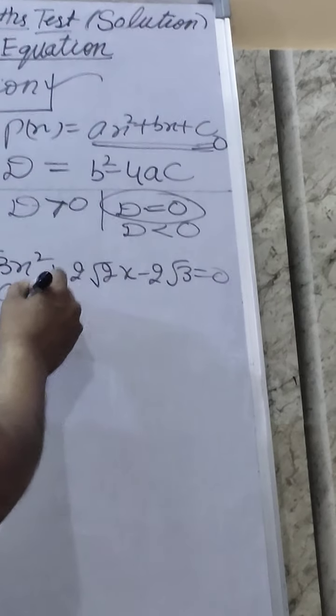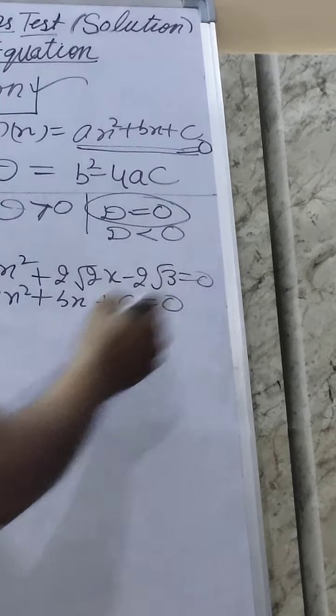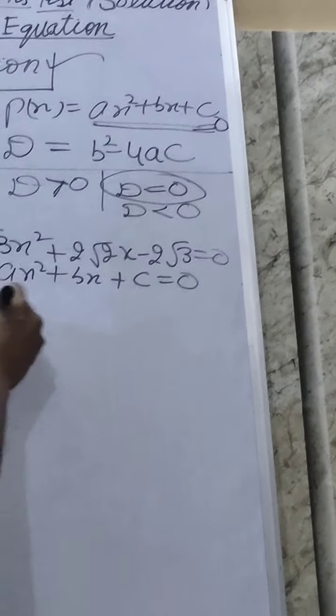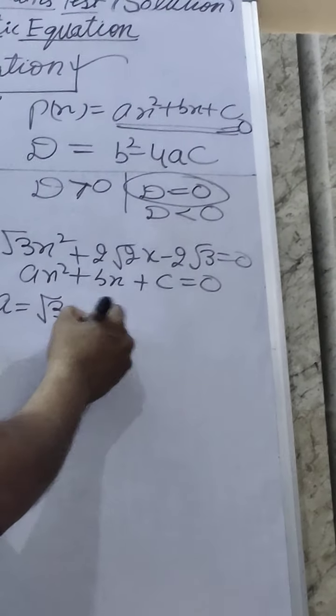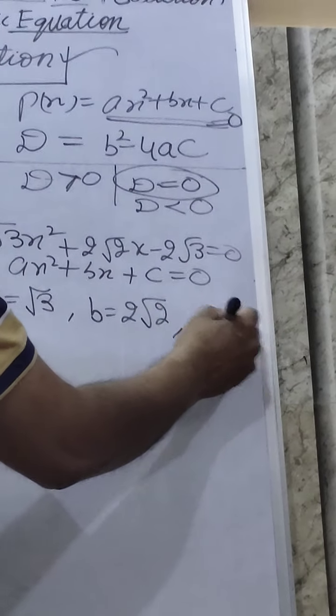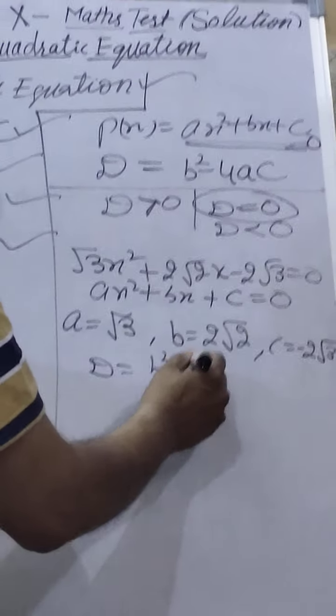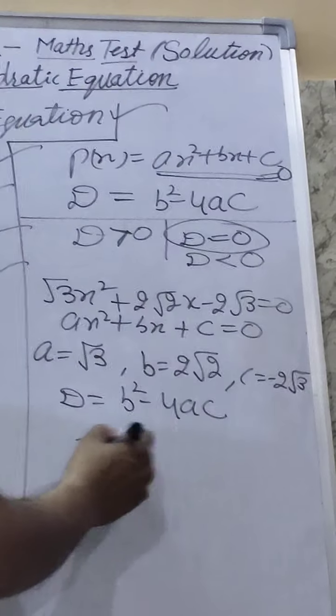So first you compare with standard form, ax square plus bx plus c equal to 0. What is a? a is equal to root 3, b is equal to 2 root 2, c is equal to minus 2 root 3. So discriminant value is b square minus 4ac.